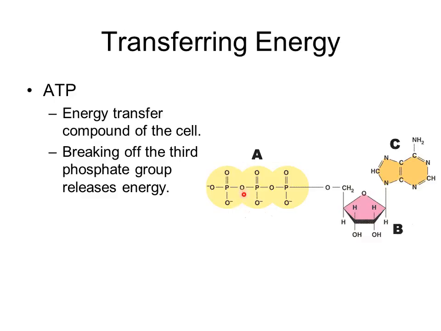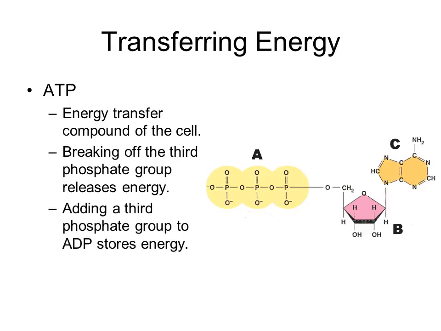If you break this off, you have adenosine diphosphate, only 2 phosphates. Through a process of cell respiration, we're going to add that 3rd phosphate group back on there. We're going to add the 3rd phosphate group onto the ADP and restore ATP, and now we can undergo some more processes. We can do some more work inside the cell.